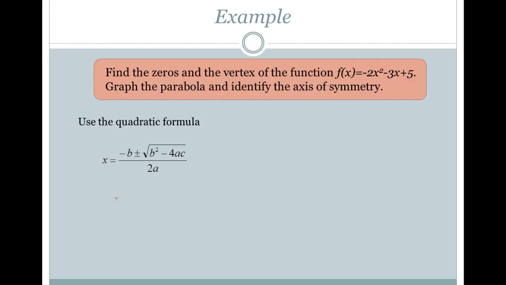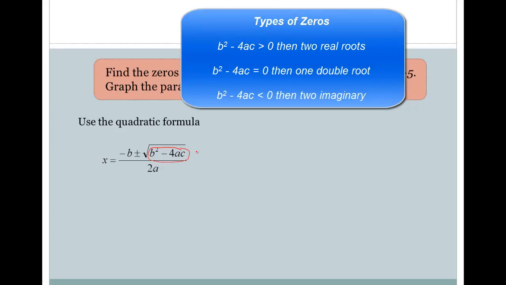This is going to get me the two zeros of the function, or at least tell me the types of zeros that we have. Remember, we can have a couple different options, which all depend upon this term right there, which is my discriminant. If this term is greater than 0, then we have two real solutions.